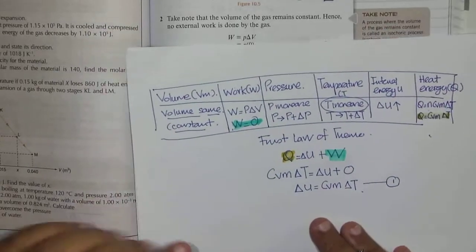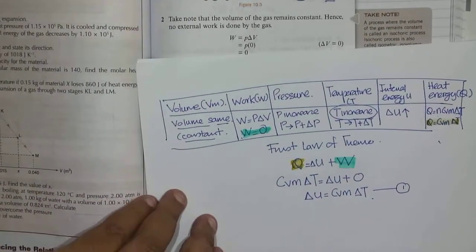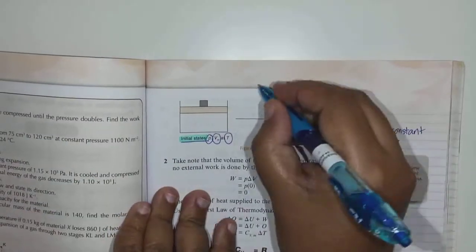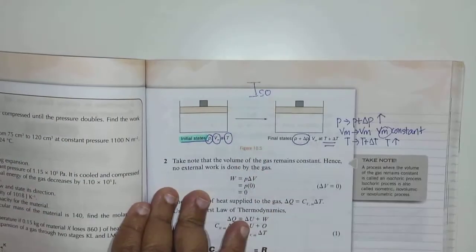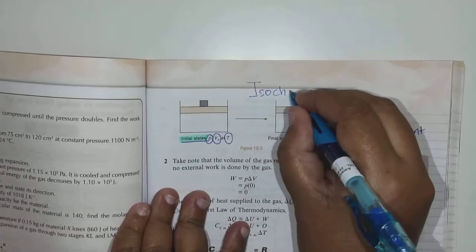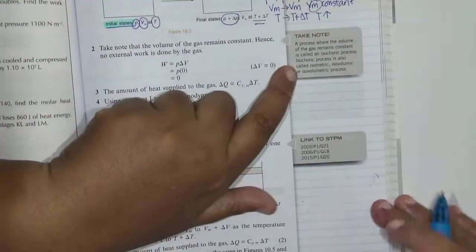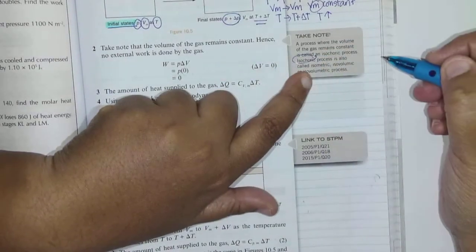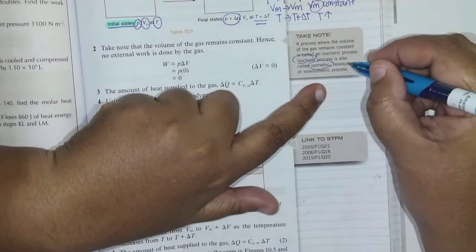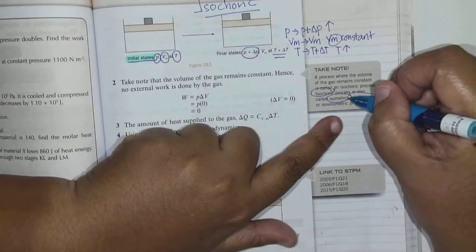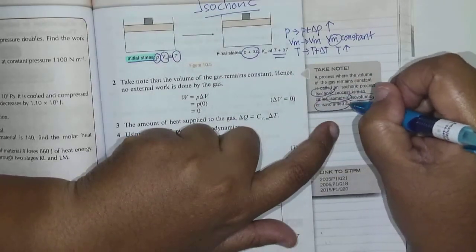When volume is constant, this process is called an isochoric process. It has a lot of names: isochoric, isometric because volume is in meter cube, isovolumic, isovolumetric.